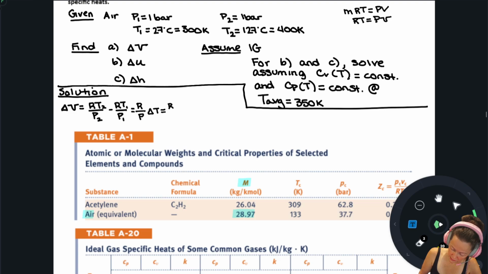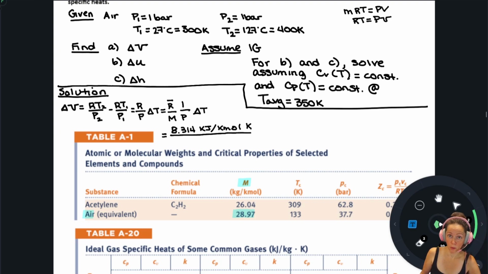So your specific gas constant is going to be R bar over your molar mass. I've got a pressure here, and then I've got a delta T here. Well, my universal gas constant, this is on your conversion factor sheet. It's at the very bottom. So it's going to be 8.314 kilojoules per kilomole K over your molar mass.